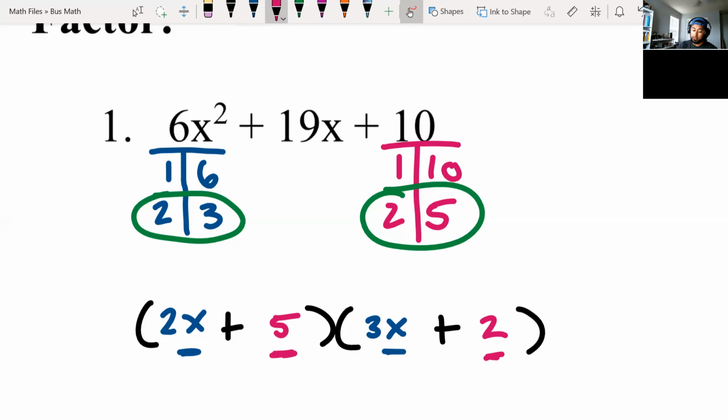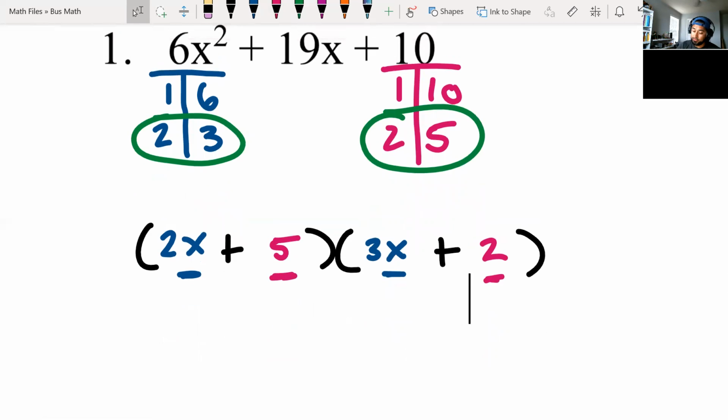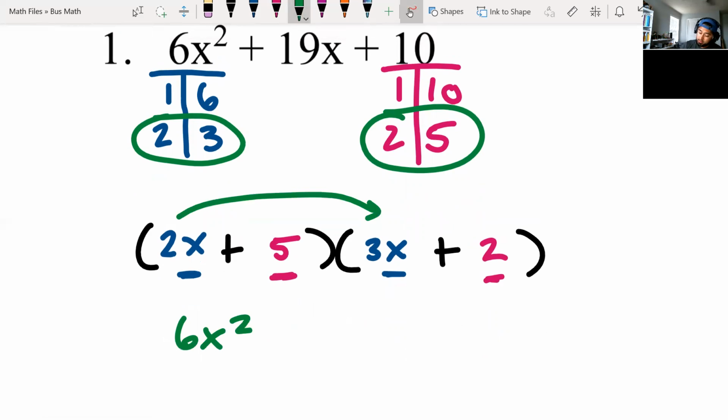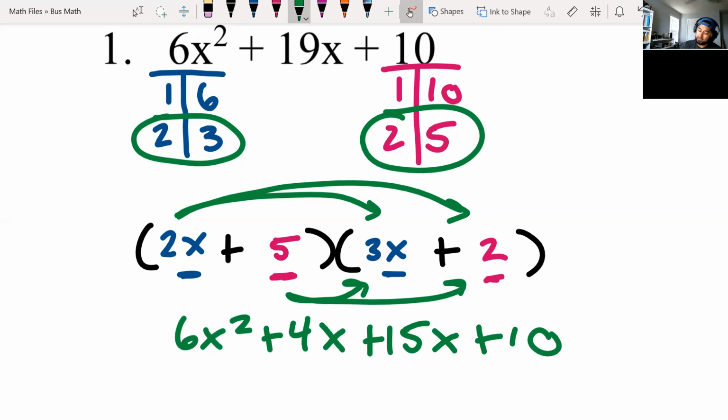And now what we're going to do is check our work to make sure we have the right answer. So we're going to FOIL this, and 2x times 3x, 6x squared, 2x times 2, 4x, 5 times 3x, 15x, and 5 times 2, we get 10.